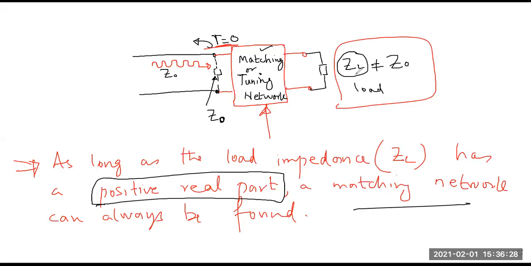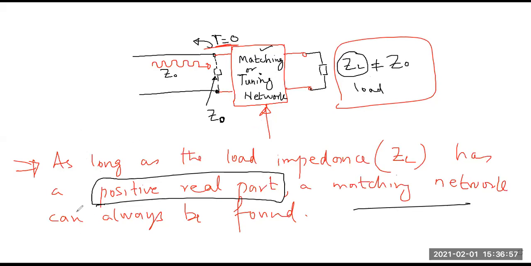But if the load has zero real part, which means your load is a purely imaginary load, it is not possible to design any matching circuit. So you can say that a purely imaginary load cannot be matched. Okay. So this is the condition.